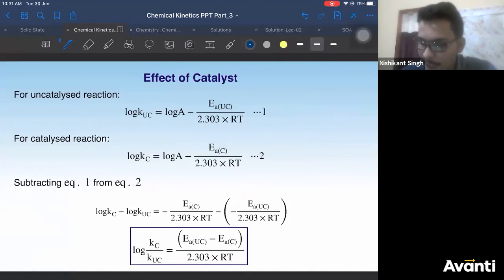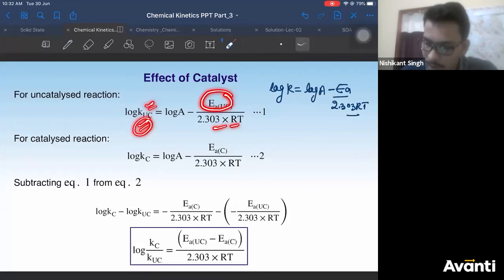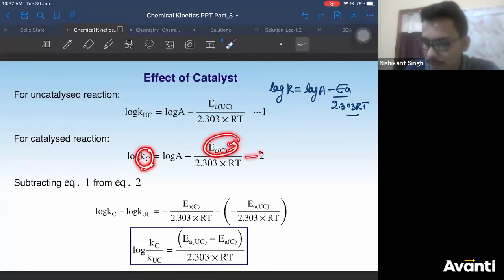So you can apply your second equation of Arrhenius, that is log K is log A minus Ea by 2.303 RT, right? Activation energy is what differs. So for the uncatalyzed reaction, take the activation energy uncatalyzed, rest everything is same. Rate constant and activation energy of the catalyzed reaction. We made two equations.